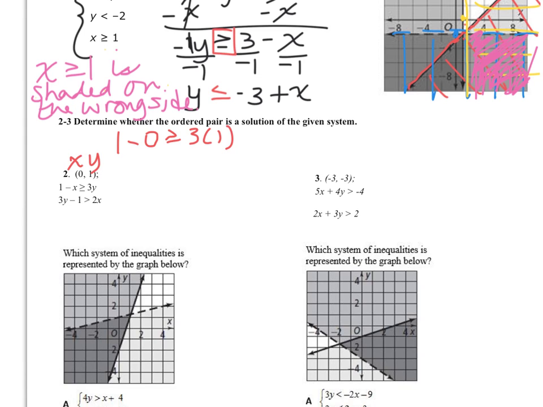Okay, what is 1 minus 0? 1. So 1 is greater than or equal to 3 times 1 is 3. Is 1 greater than or equal to 3? No. So this is not true. So is 0, 1 a solution to the system? No. 0, 1 is not a solution.